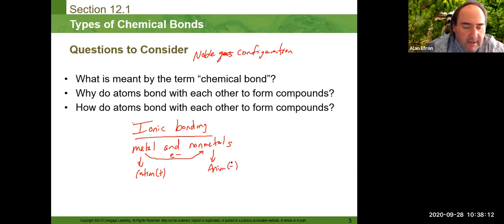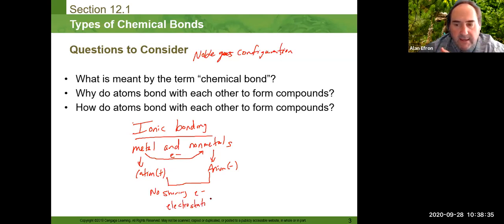In an ionic compound, there's absolutely no sharing of electrons. It's 100% the electrostatic attraction between the positive charge and the negative charge that holds that unit together.